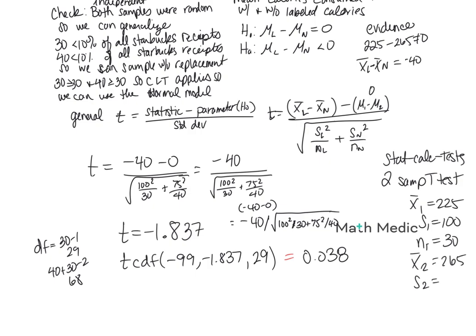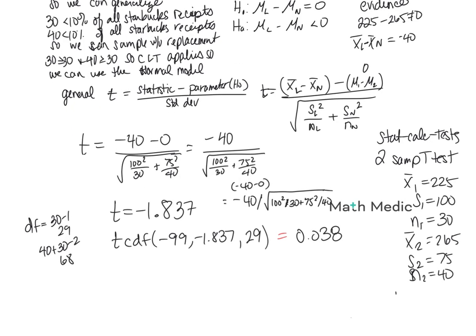S2 would be 75. And n2 would be 40. And then you make sure that you have the correct alternative, it'll say mu not equal, less than mu2, greater than mu2, and you're going to choose less than because that was our alternative hypothesis. Hit calculate. It should give you the same t and p-value.